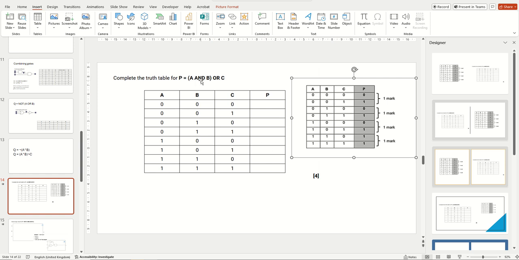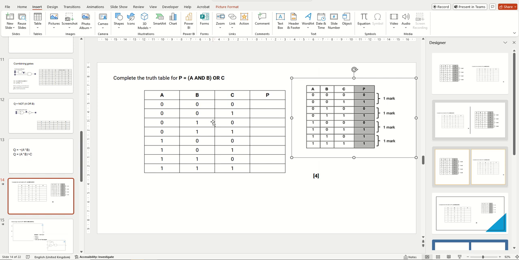Right, so we've got A AND B OR C. So we've got 3 inputs. The first thing we've got to check is A and B to see if any of those are both 1. They are at the bottom here, or C. What you would then do is look at, this is a bit trickier because we haven't got that middle value looking at A and B, but we know that this one is going to end up with a 1, this one's going to end up with a 1, everything else is going to be a 0.